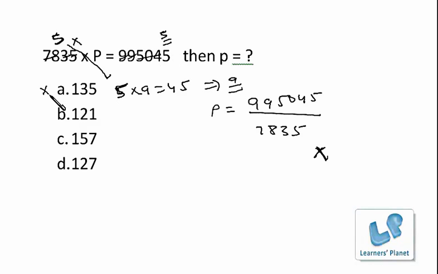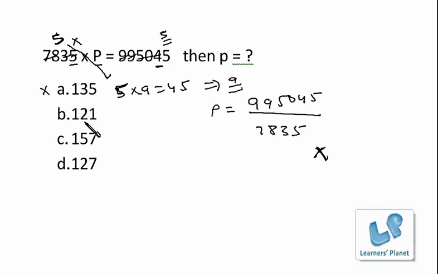So it's eliminated. Moreover, if P is 135, this is a multiple of 5 and this is also a multiple of 5, so their product will actually be a multiple of 25. So the last two digits should be either 25, 50 or 75, right? So it's not there, so it is not the correct choice in any case.